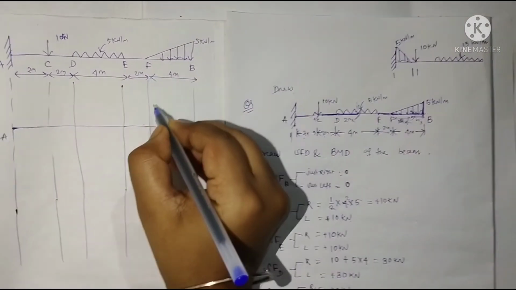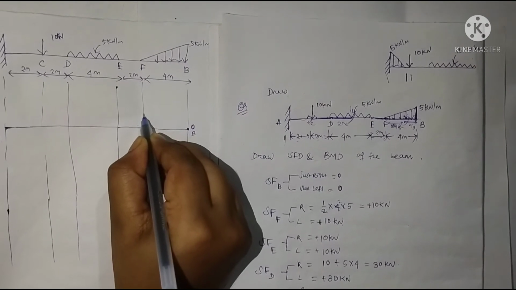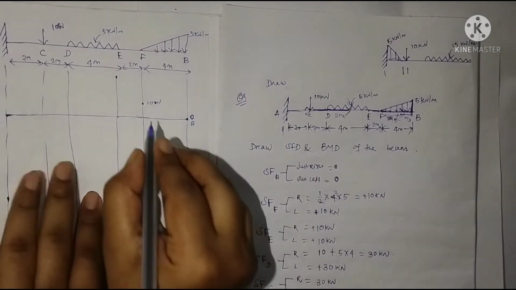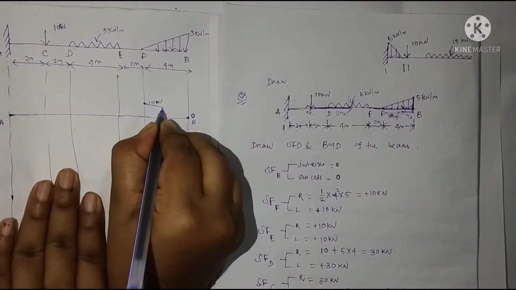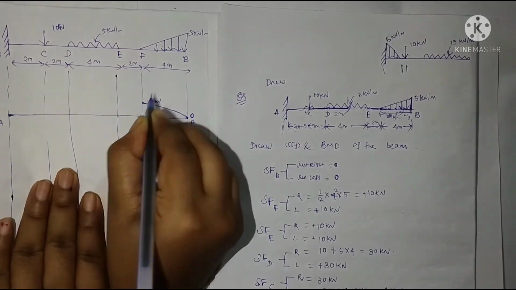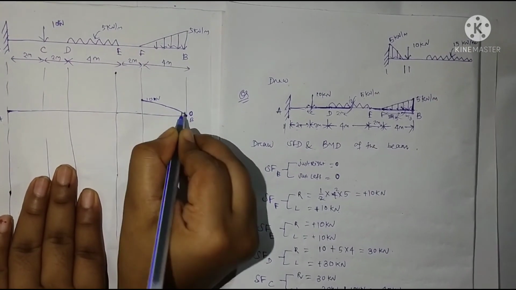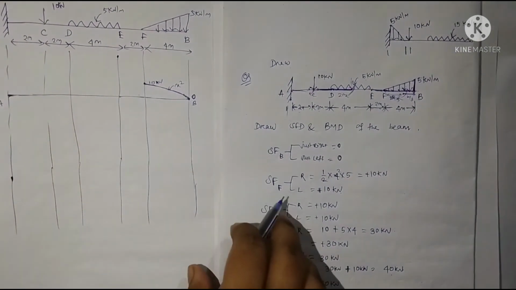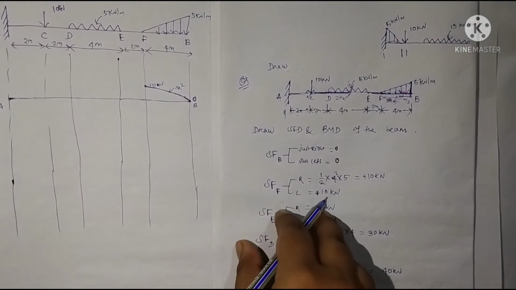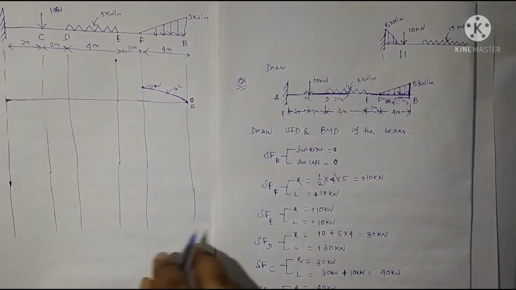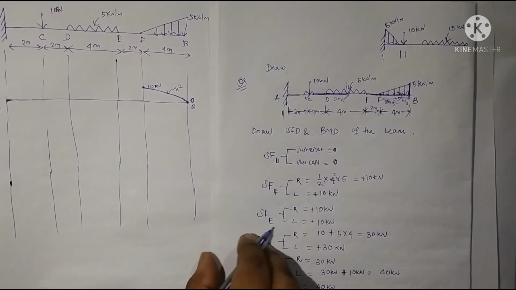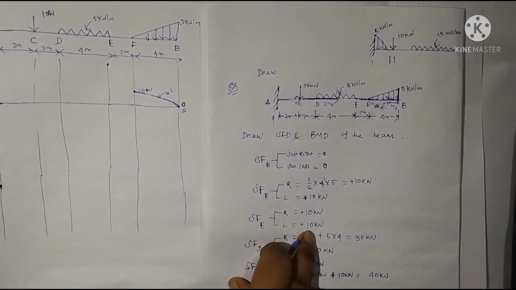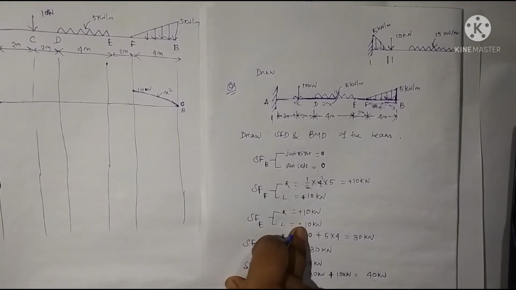We are drawing in which shape? This is parabolic, because in uniformly varying load, the shear force diagram is parabolic. Now at point F, just left, it is also 10. Now shear force at point E, just right, this will also be 10. So just left and just right are the same, that is 10 kilonewton.